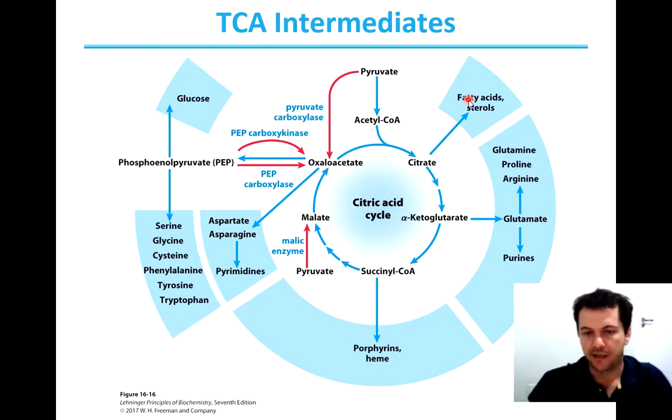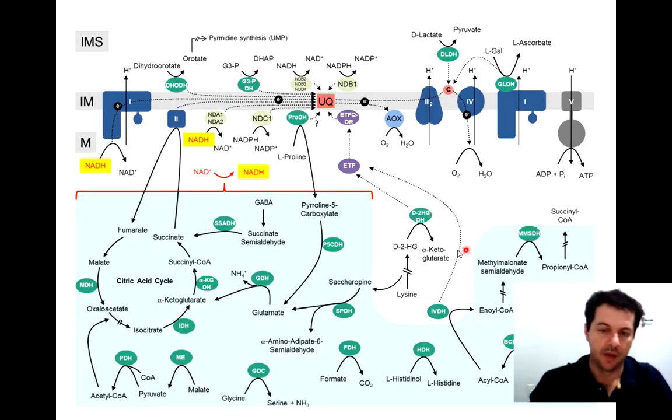So there are many transporters that can bring something in or pump something out of the mitochondria. The TCA cycle is really connected to many other pathways besides oxidative phosphorylation. So put everything together, we are going to see something complex like that. Don't be scared.